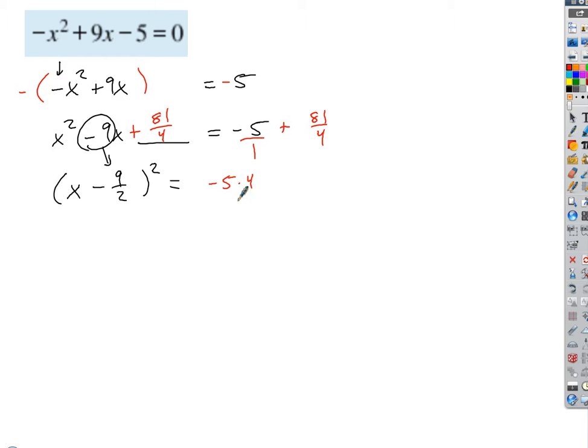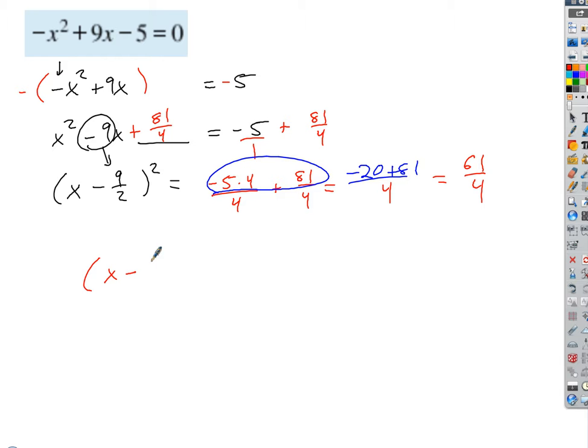So I get negative 5 times 4 over 4 plus 81 over 4 equals, on the top, negative 20 plus 81 divided by my common denominator of 4, which is what, 61 fourths? And so that's my answer. x minus 9 halves squared equals 61 fourths.